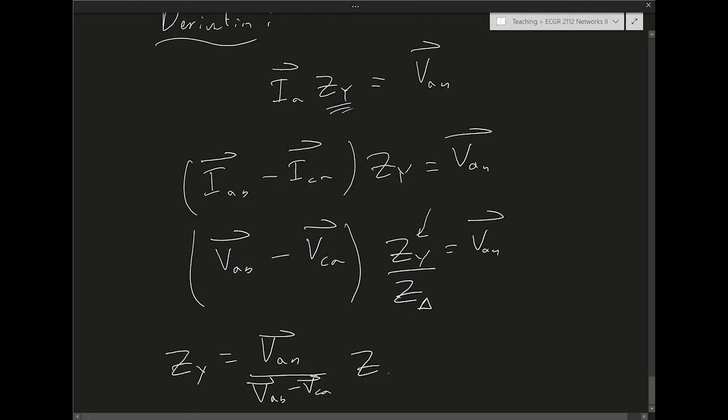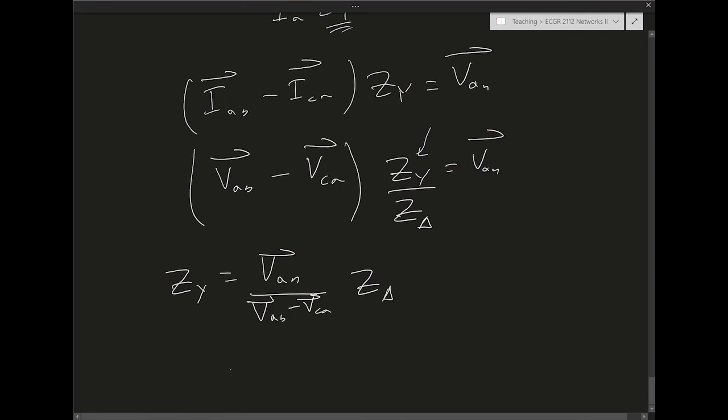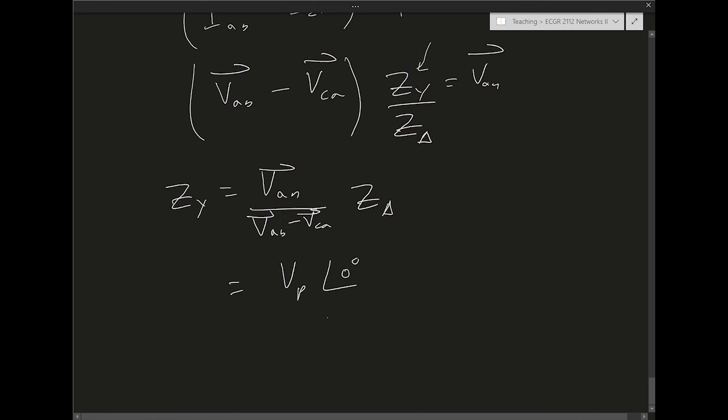Assuming my reference is the Y source, I can write VAN as VP at 0 degrees. And because my reference is the Y source, VAB can be written as square root of 3 VP at 30 degrees, right? We already derived that. We know that if the Y source is the reference, what the line-to-line voltages will look like, both their magnitudes and their angles.